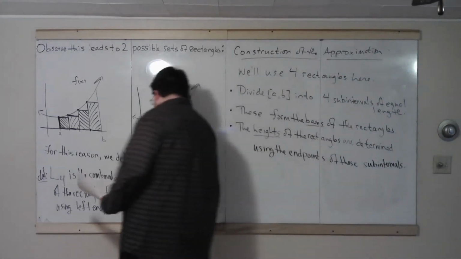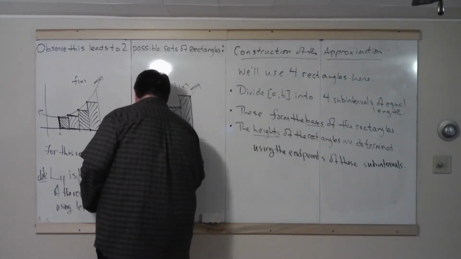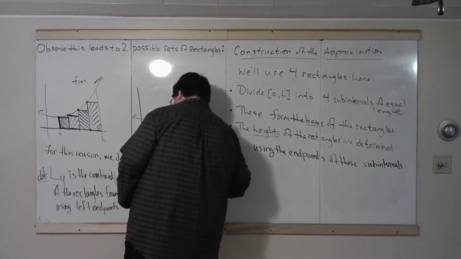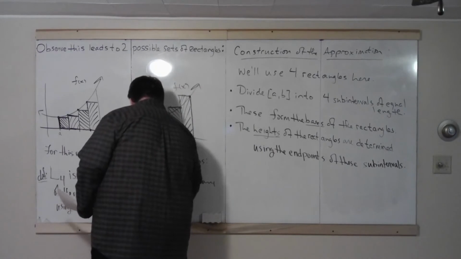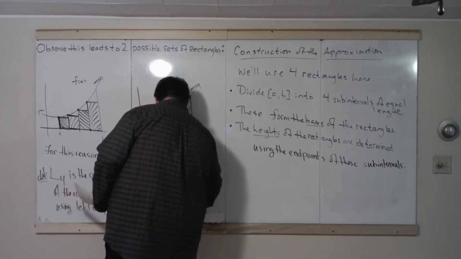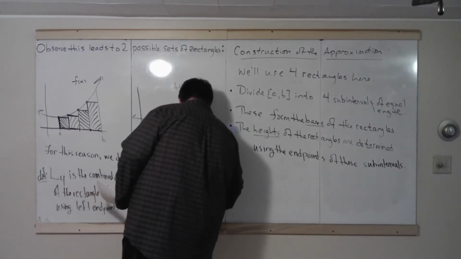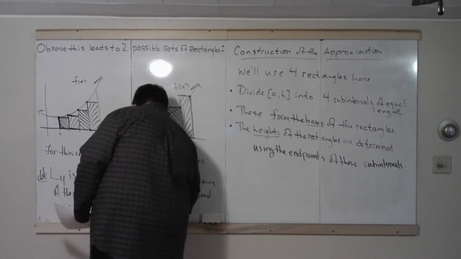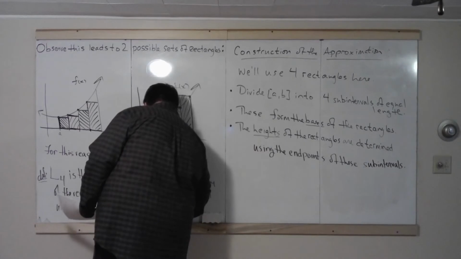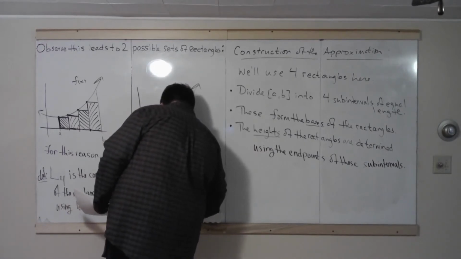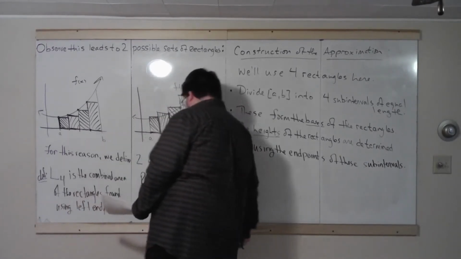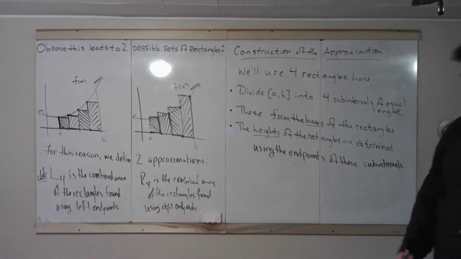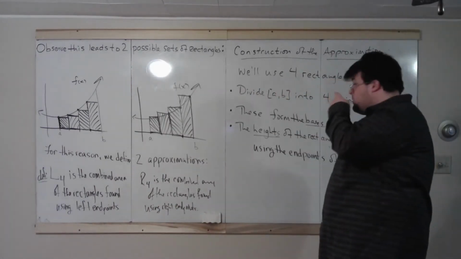And definition for this, R4 is the combined area of the rectangles found using right endpoints. So same sentence, but with L instead of R, or R instead of L, so I scribbled it out.